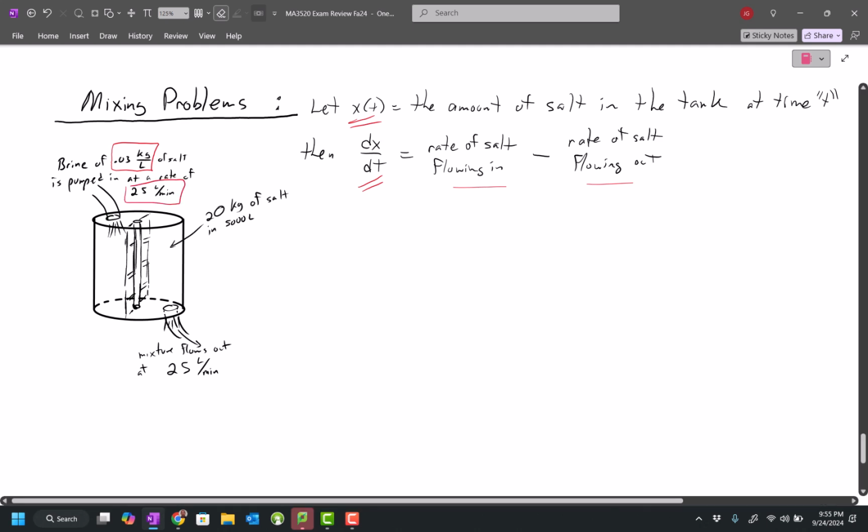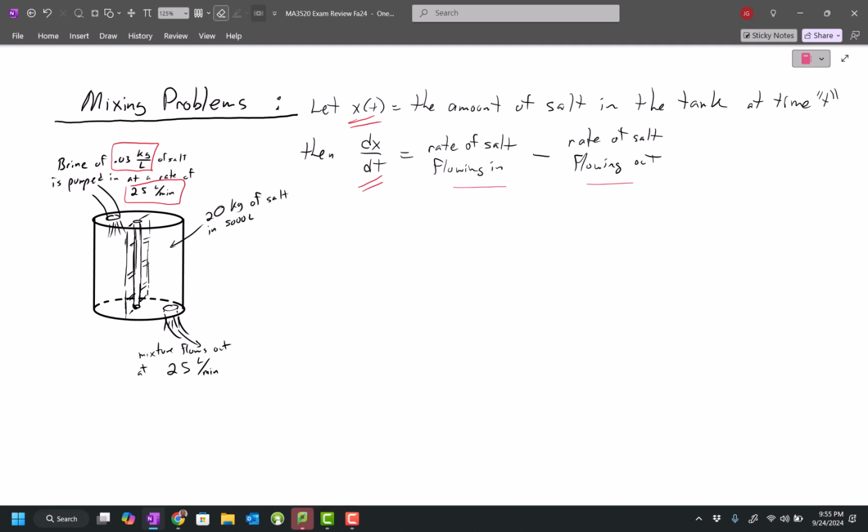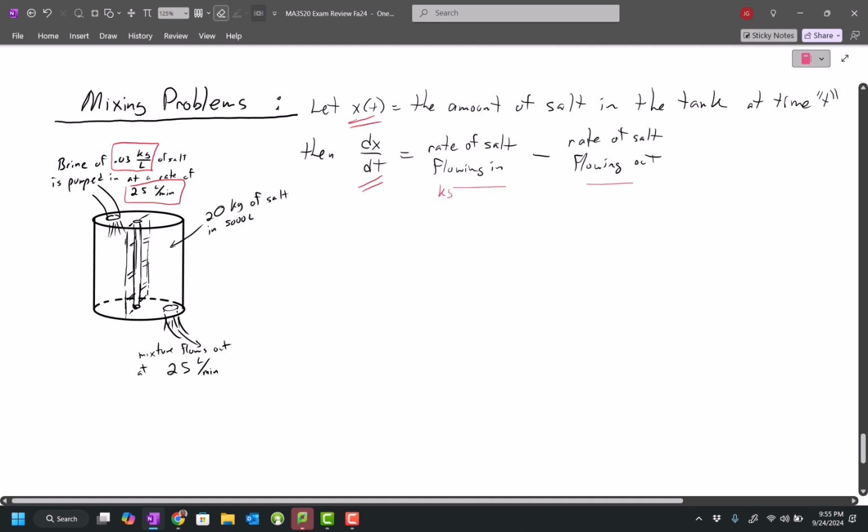And so now if we want to think of the rate of salt flowing in, well, that's a rate of salt. That should be some kilograms of salt per some unit of time, maybe per minute. And therefore, to calculate the rate of salt flowing in, all we're going to do is take the concentration, 0.03 kilograms per liter, times our inflow rate of 25 liters per minute, and we'll see that those liters are going to cancel, and the result is just going to be kilograms per minute, the rate of salt flowing in.